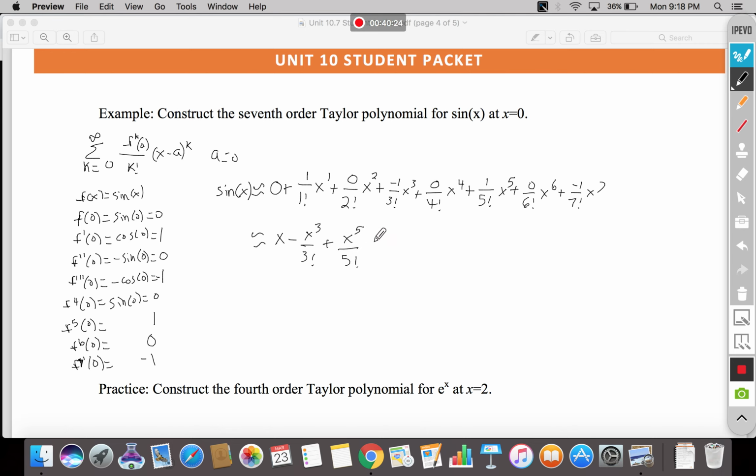We lose that one, and we get minus x to the 7th over 7 factorial. This is our 7th order Taylor polynomial for sine centered at x equals 0, okay? There's a lot of terms canceled out, but that is our 7th order Taylor polynomial because it goes up to the 7th power.